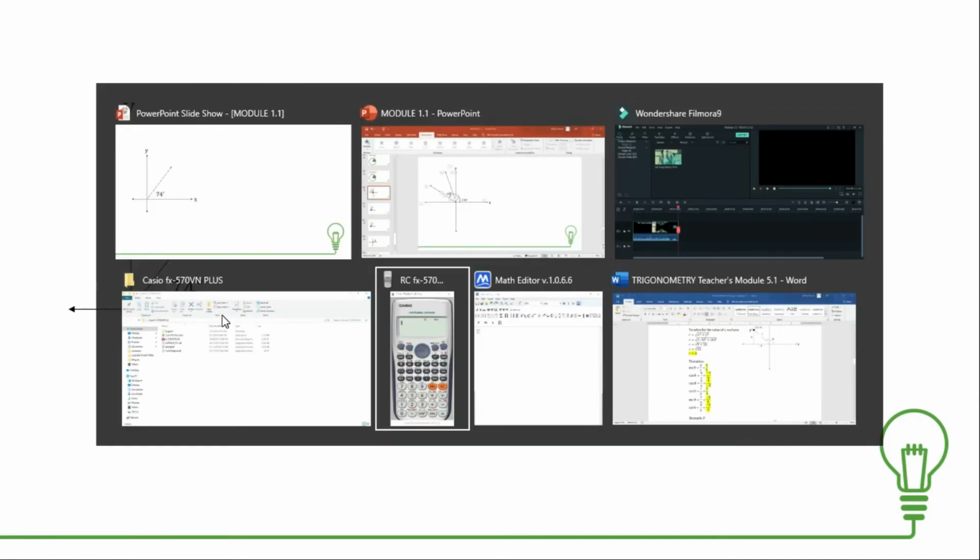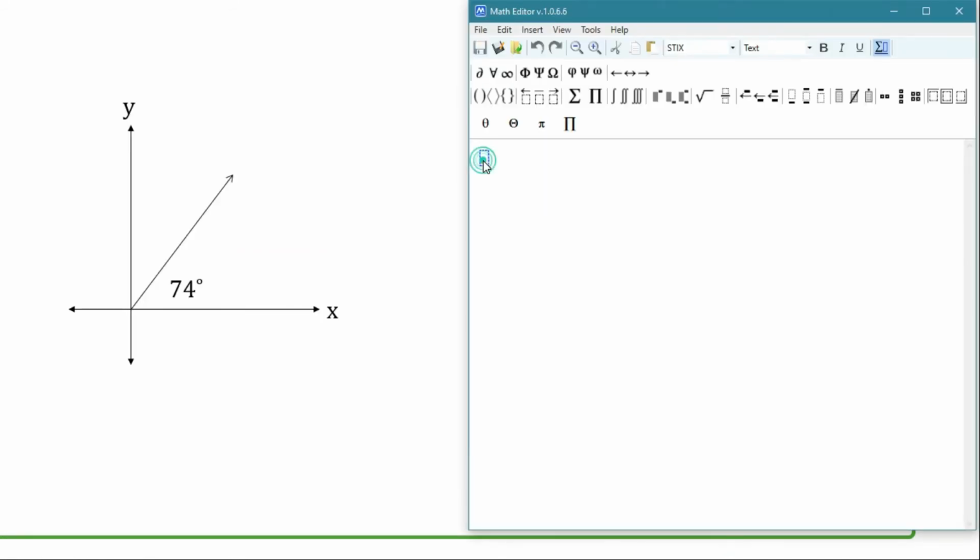Okay, we have these so-called coterminal angles. What do we mean by coterminal angles? Coterminal angles are angles wherein, when we place both angles in standard position, their terminal sides coincide or overlap.